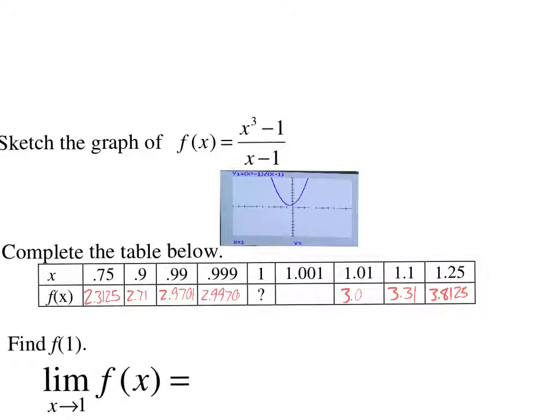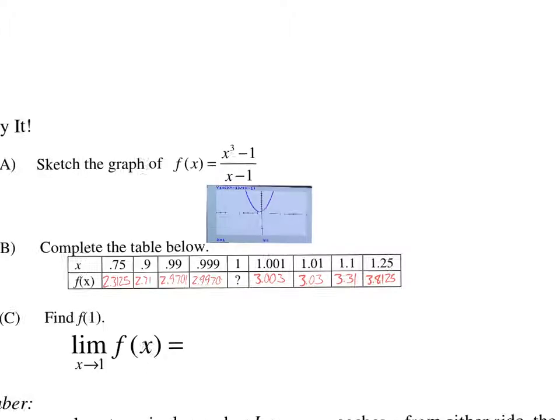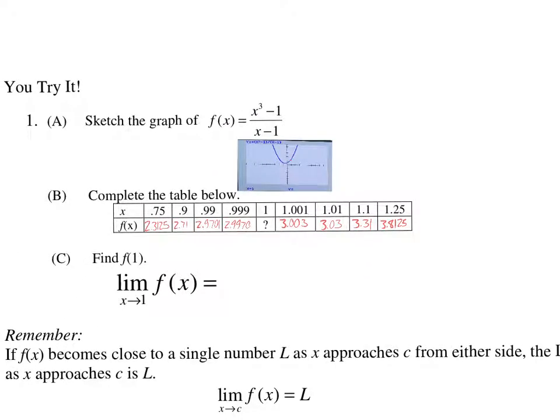And how about 1.001? 3.003. So we can safely draw the conclusion that the limit as x approaches 1 of this function f of x is 3. We could say that it's 3. Alright, does that make sense?